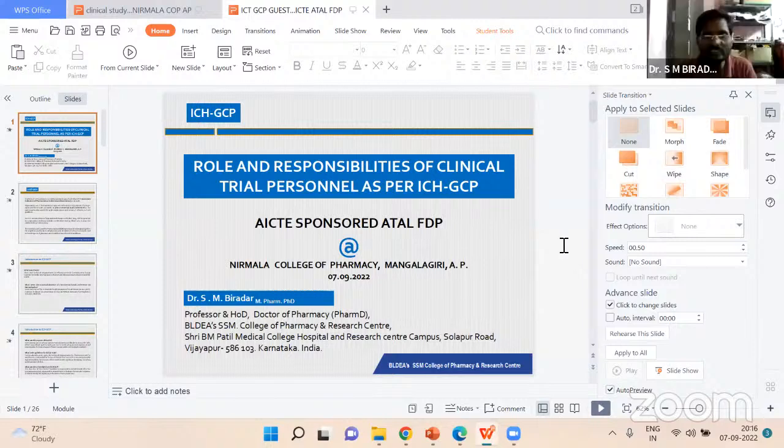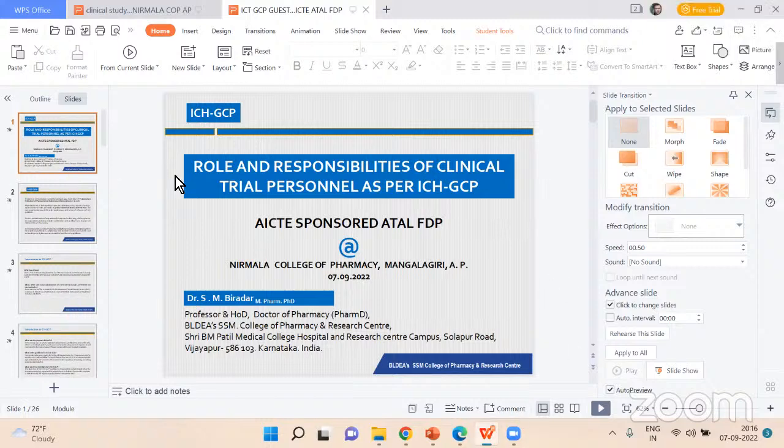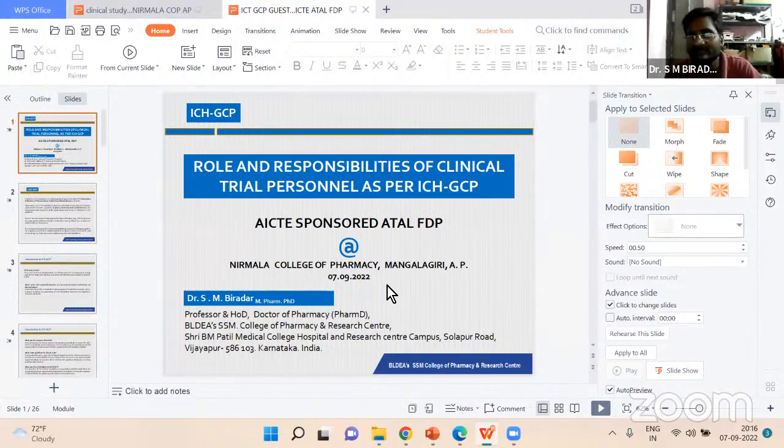I'm sharing this one. How can I make this magnified?